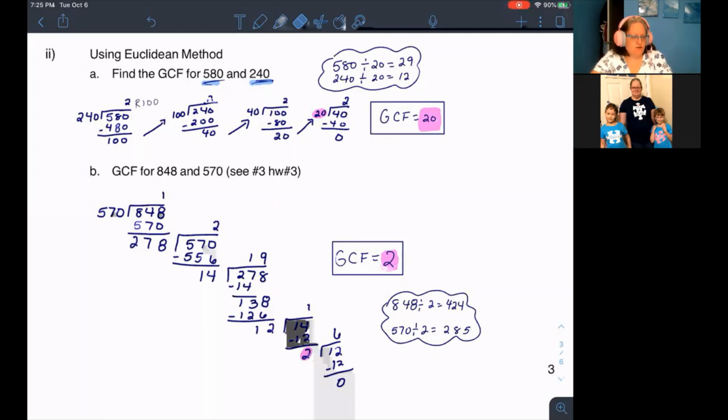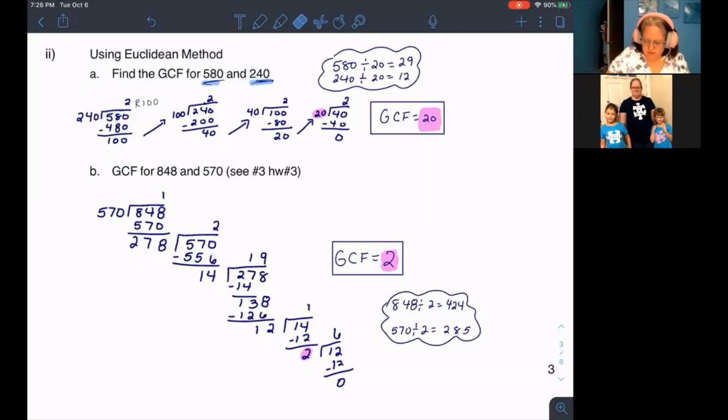So you have 240 into 580. What we're trying to do is divide until we get a remainder of 0. And then the divisor that gives you the 0 remainder is going to be your greatest common factor.